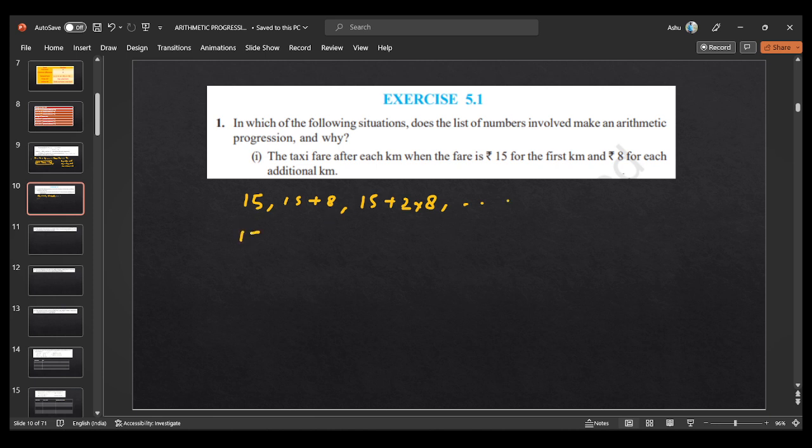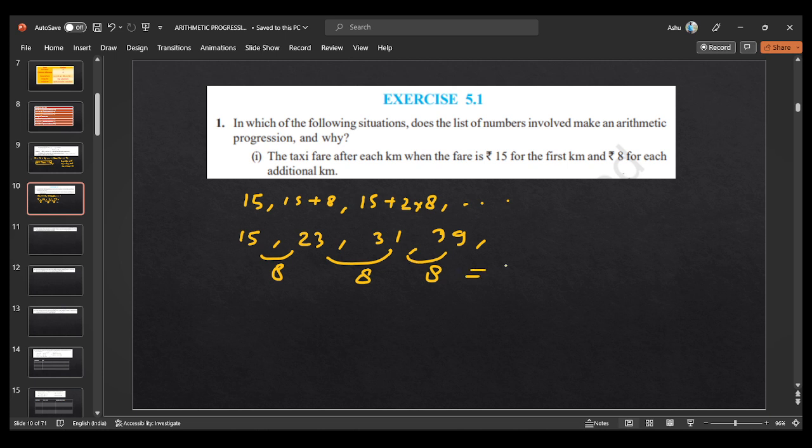Here first is 15, second will be 23, third will be 31, and fourth will be 39. Clear? These have difference 8. If we subtract 31 minus 23, we get 8, and here we get 8.